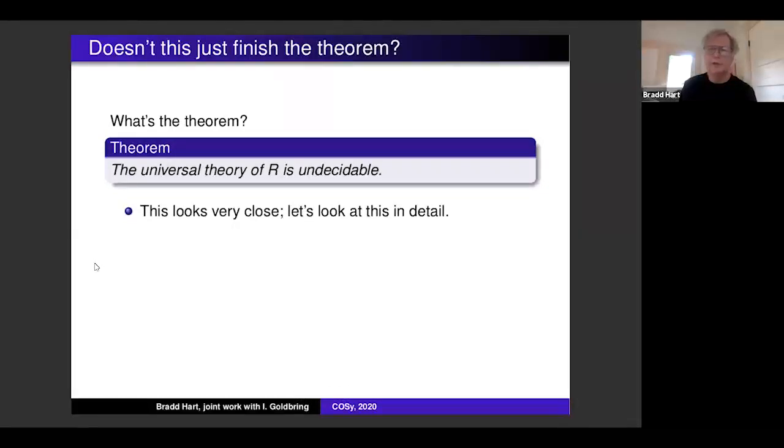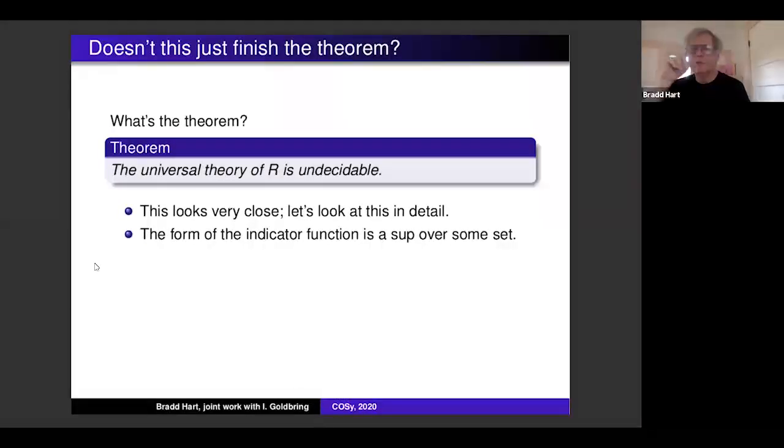So let's look at a few things that you have to worry about. These are all the good things, right? The form of the indicator function is the right thing. I mean, the absolute value of a linear functional defined on nk by nk matrices is going to be a perfectly good function.